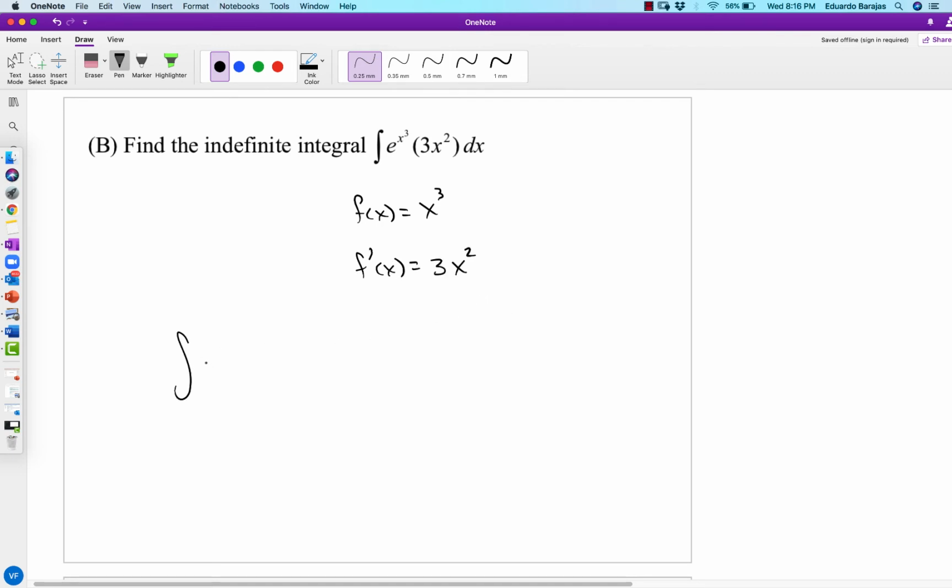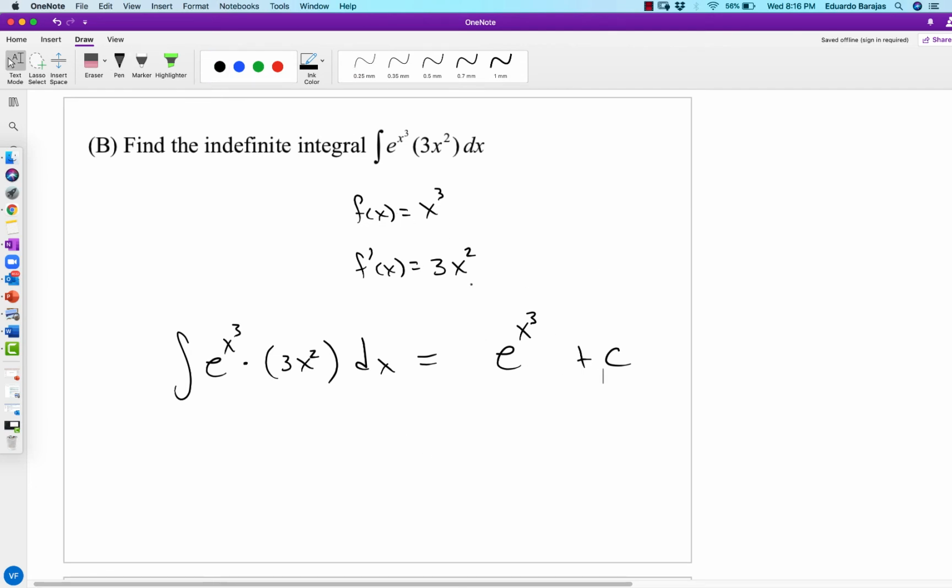So the integral of e^(x^3) times 3x^2 dx is in fact equal to exactly e^(x^3) plus some constant. Good. I think I had already done one like this anyway, so let's move on.